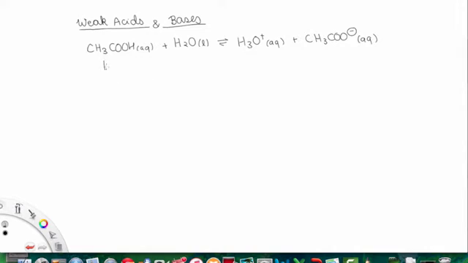If we write out the equilibrium constant for this equation, it would be H3O+ CH3COO- as the products over the reactants, CH3COOH. Remember, since we consider dilute solutions, water is in large excess and considered a constant.